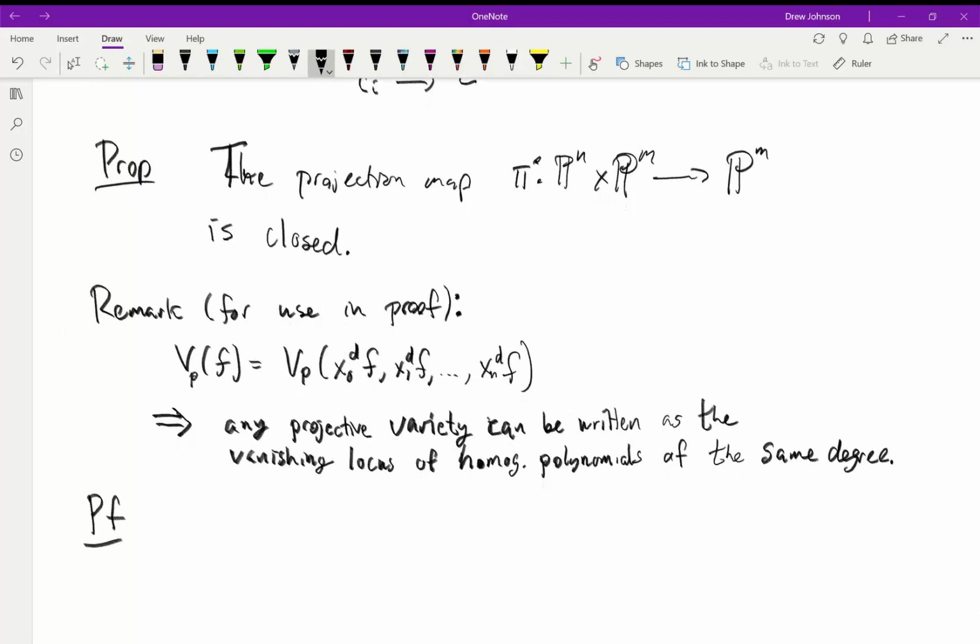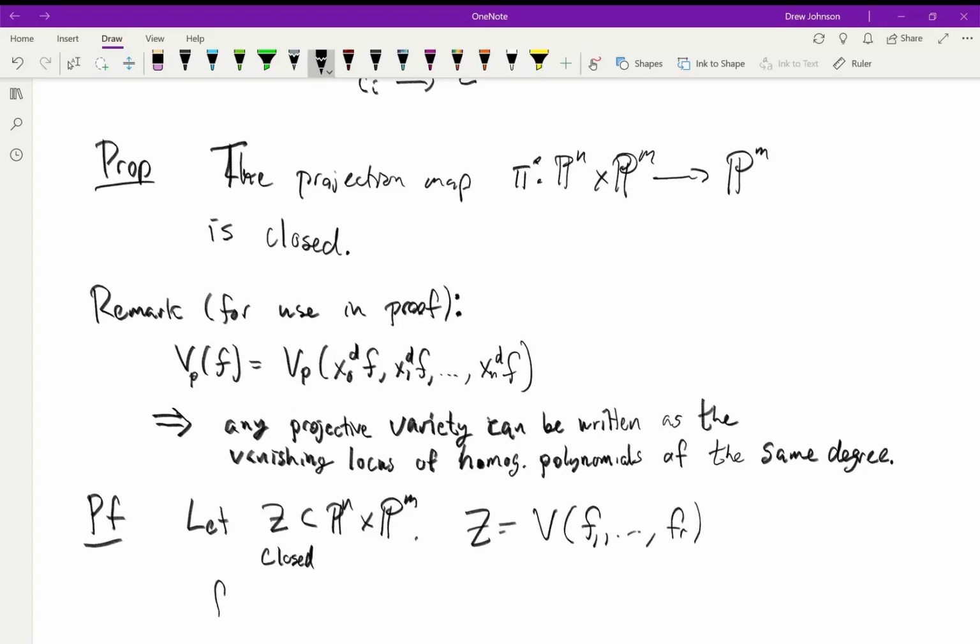Okay, so now we're ready to do the proof. Let Z be any closed subset of Pn cross Pm. All right, so Z is the vanishing locus of F1 through Fr, where the Fi are homogeneous of degree d in the Segre coordinates Zij.